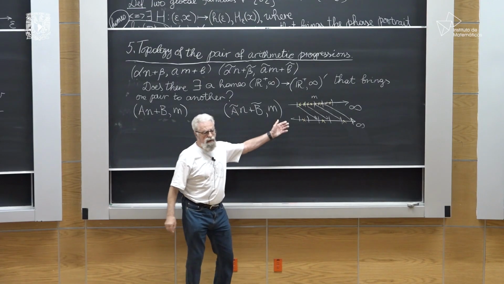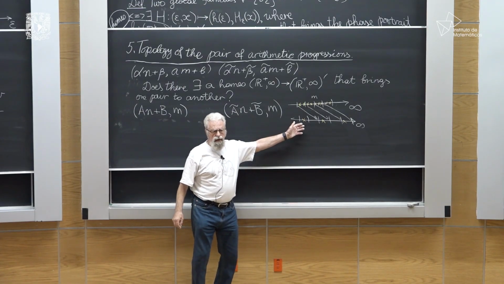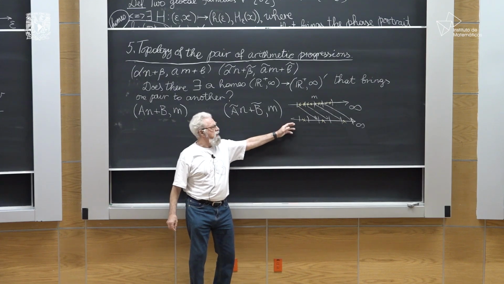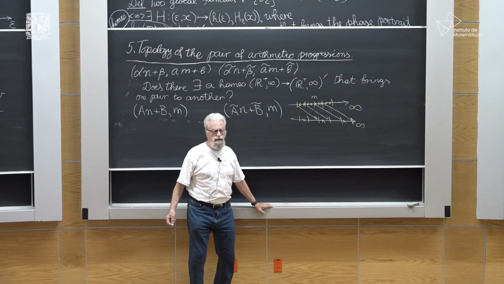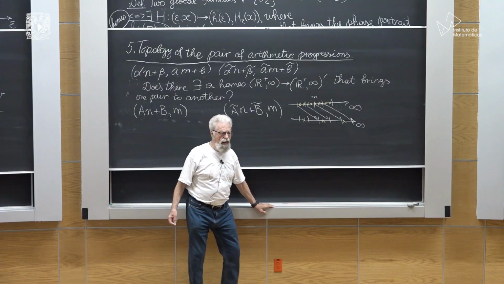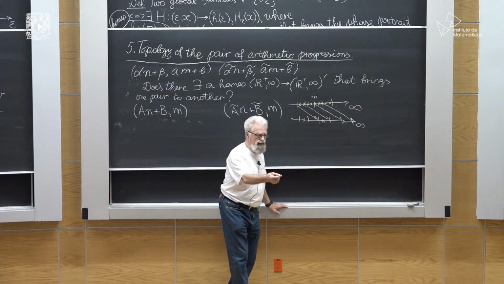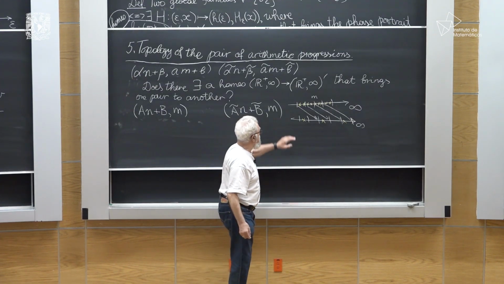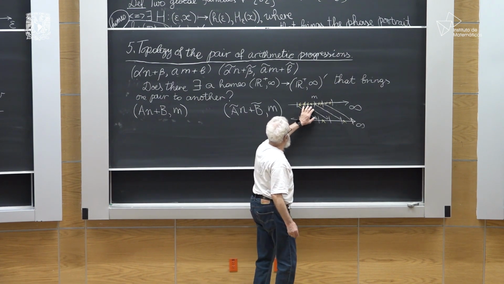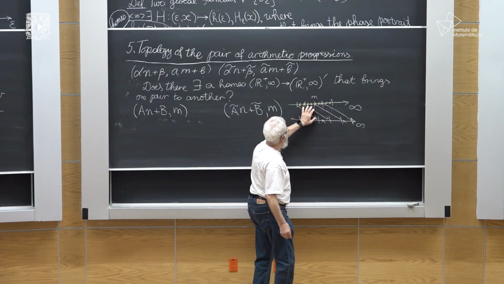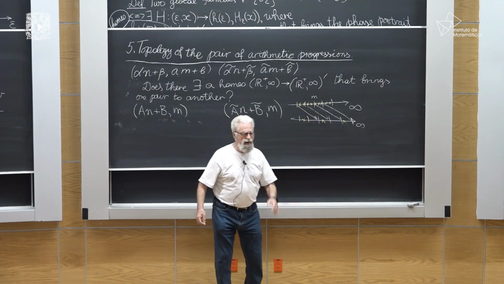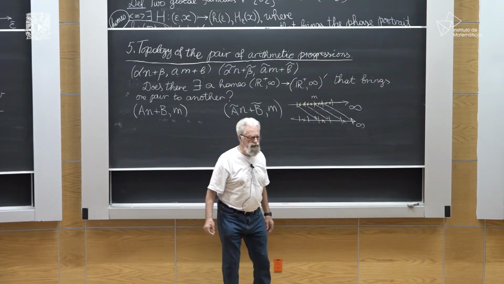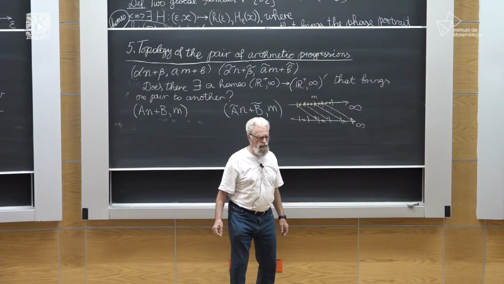Does a homeomorphism that brings natural numbers to natural numbers and yellow points to yellow points exist? What do you think? No, because it brings this segment to this segment. Here the yellow points exist, and here they do not. So can you now guess a necessary condition for the existence of such a homeomorphism?